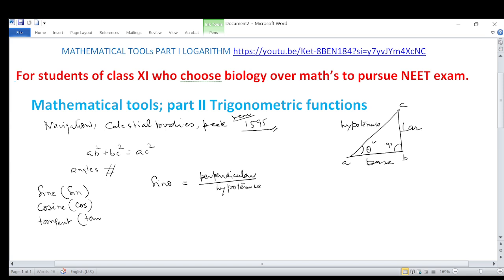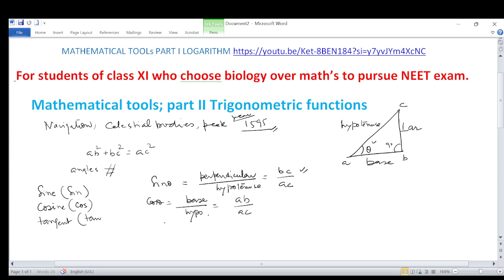I think ICSE board students have gone through this. Perpendicular upon hypotenuse, BC upon AC, is sine theta. Cos theta is base upon hypotenuse, AB upon AC.